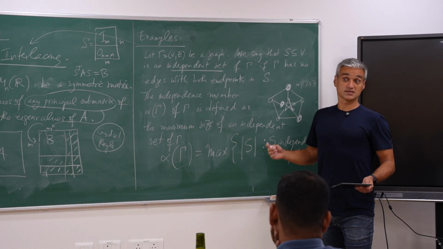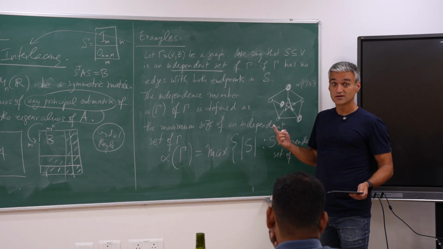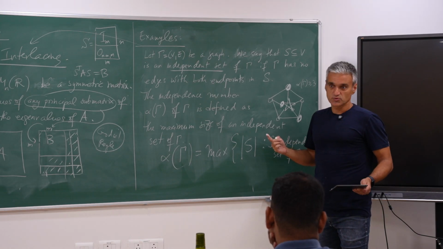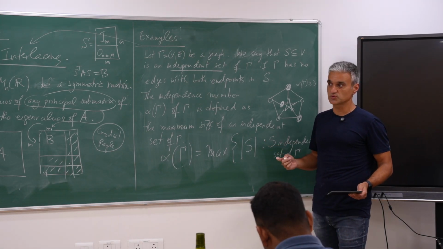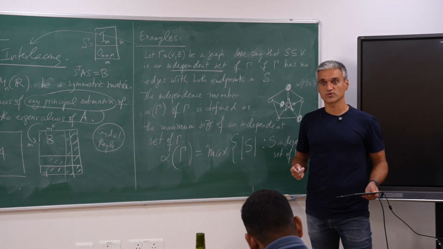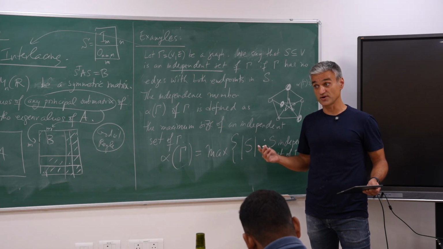Is alpha equal to 3? You can see if you can find something with 4, okay? But even if you find something with 4, the question is whether that is the largest size that you can find.